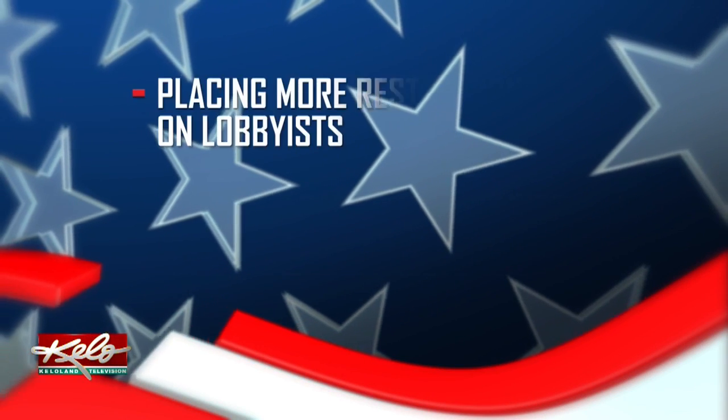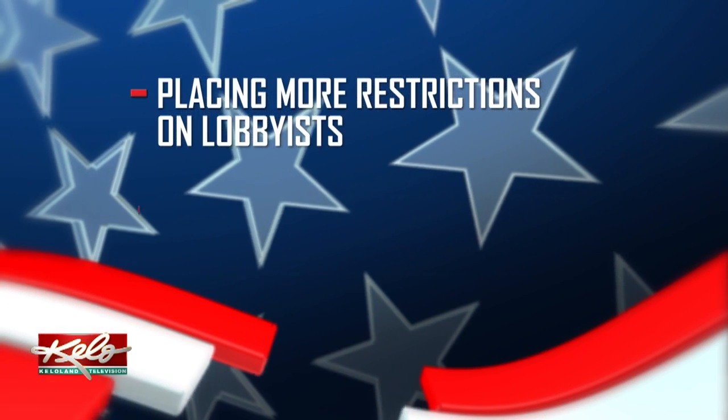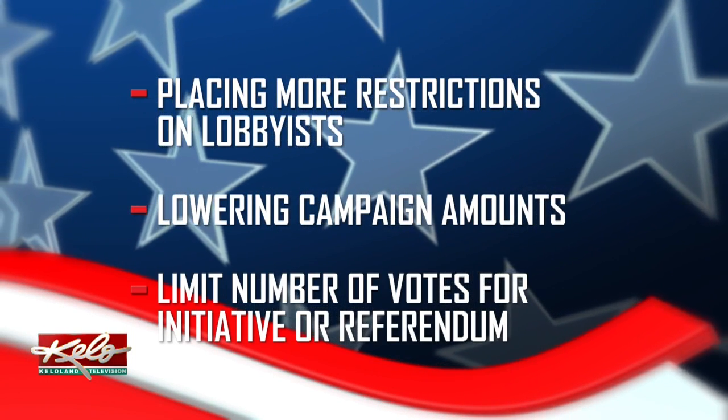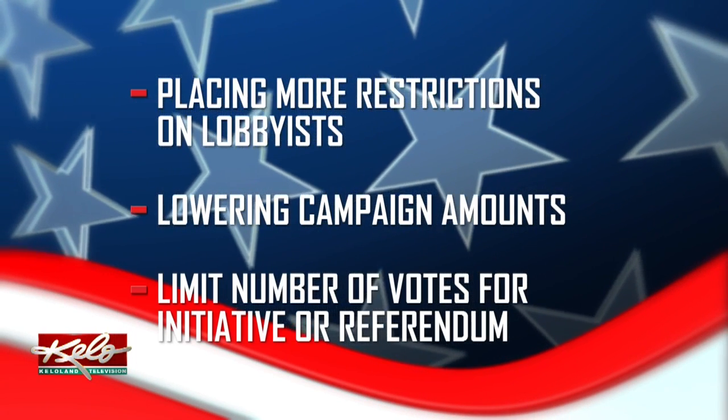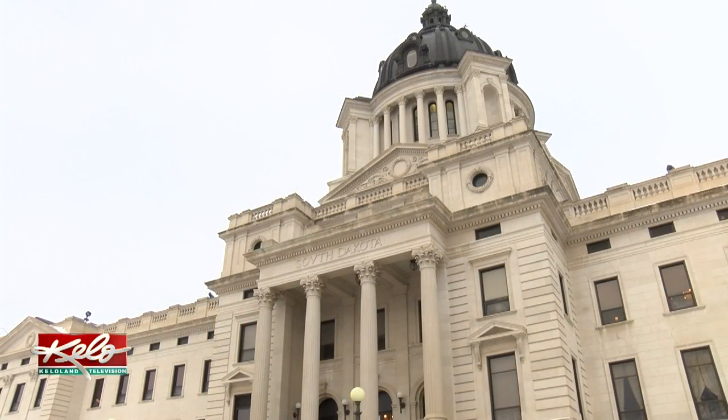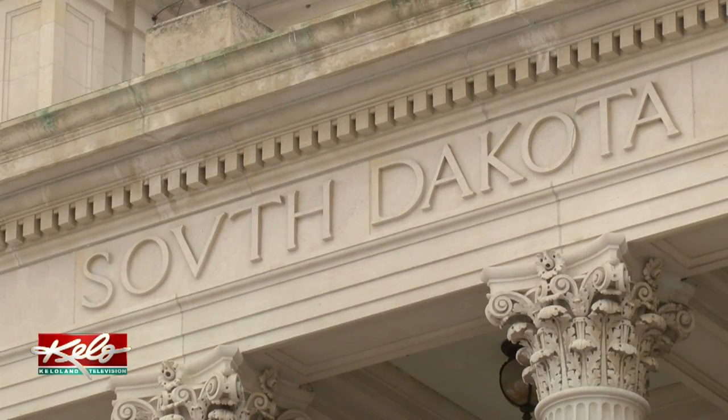This constitutional amendment would also do several other things, including placing more restrictions on lobbyists, lowering campaign amounts, and limiting the number of votes necessary for approval of an initiative or a referendum to a simple majority. Supporters say the changes are safe from being replaced by lawmakers this time around.